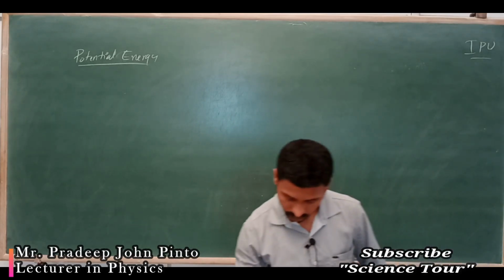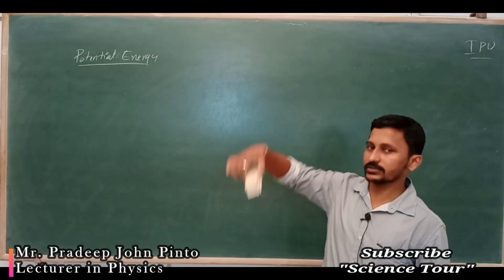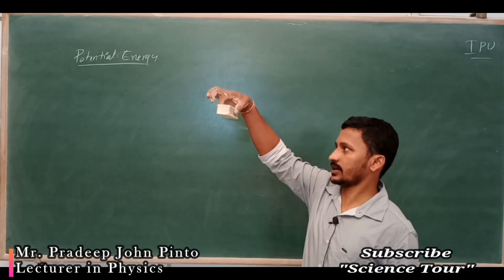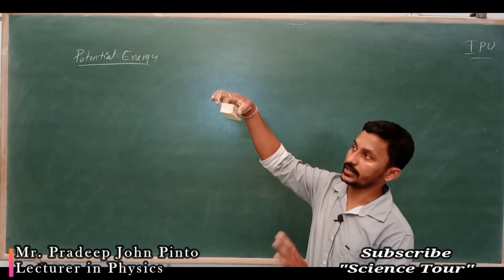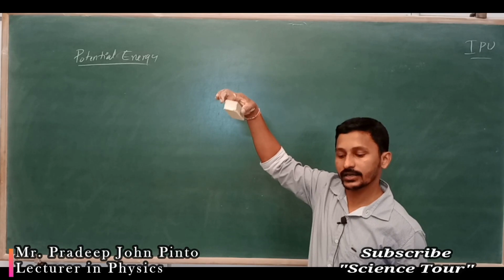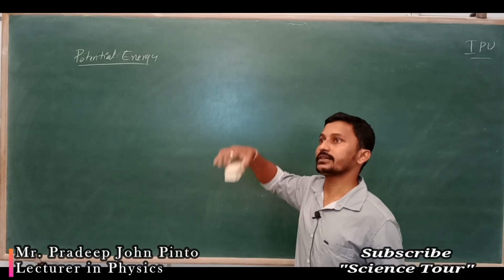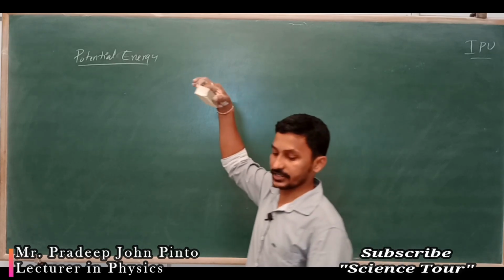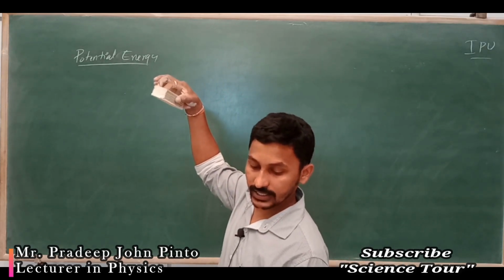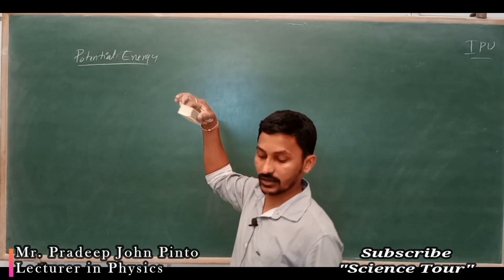Say for example, one object is there, I will lift it and keep it here. It means I have done some work against the gravitational force. The work is done by the external force.